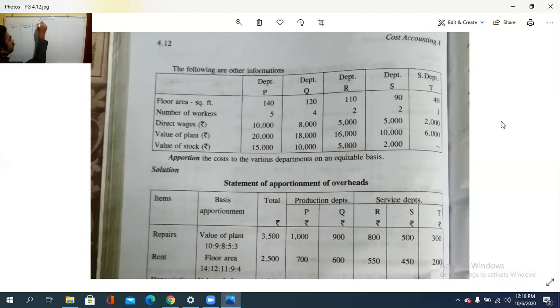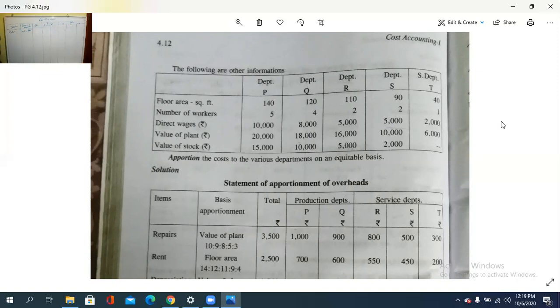Total column, then production and service. So production 2 columns and service 3 columns. So what are the production departments? P, Q, then R, S, T are the service departments. Okay, first item is what? Repairs. Repairs on what basis? Repairs may be on value of the plant, isn't it? So value of plant.